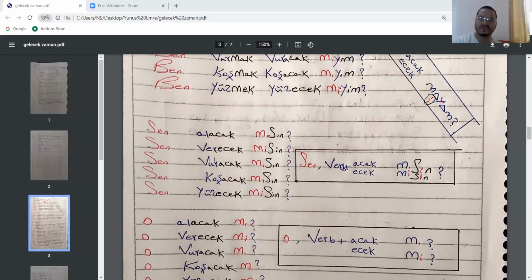Vuracak, vur means hit. Vurmak. Vuracak mısın? Will you hit him, or hit whatever? In the Turkish language, the situation is different. Maybe we will not mention which pronoun he is talking about.